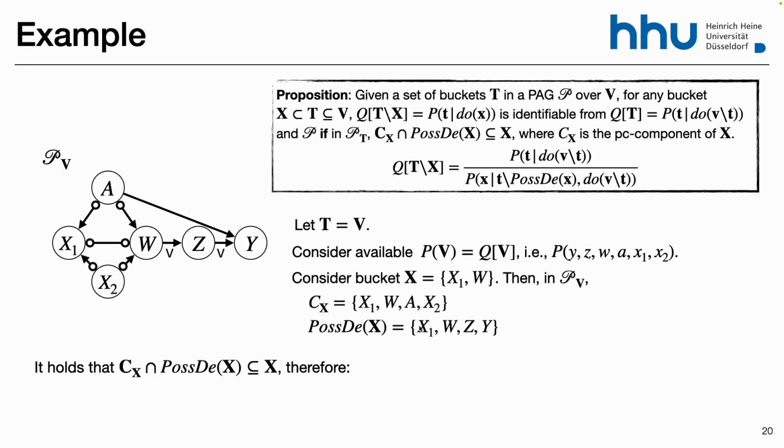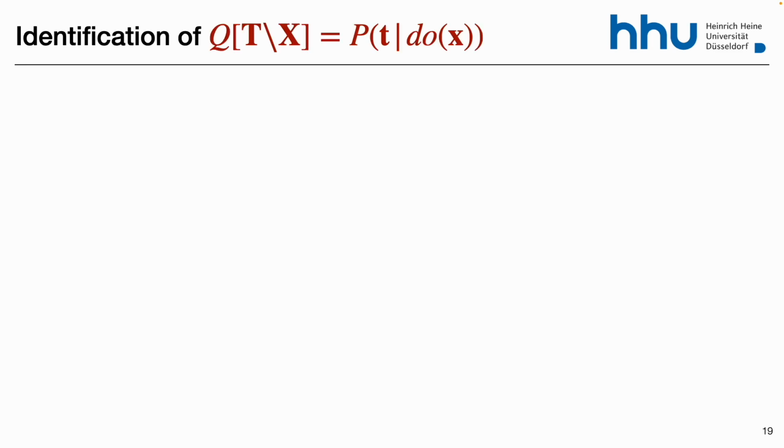So in this case here, just ignore the Y because it's a descendant, but the intersection would be X1 and W, and X1 and W is part of X. But let's go back and finish this example, otherwise it's going to be confusing.